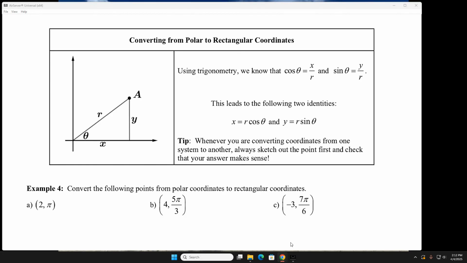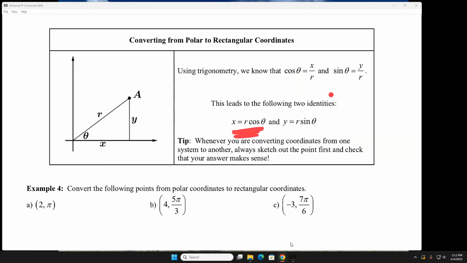Hopefully you still remember that cosine of theta is found by taking x and dividing it by r. And so if we have polar coordinates using theta and r, and we want to change to x, I can solve this for x by multiplying by r. And x is always going to be r times cosine of theta.